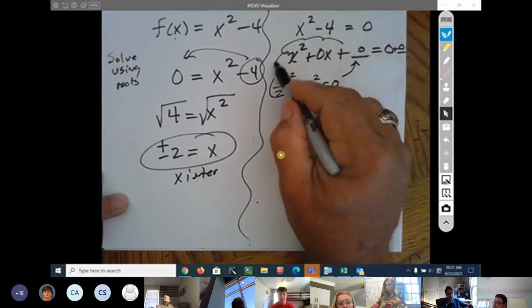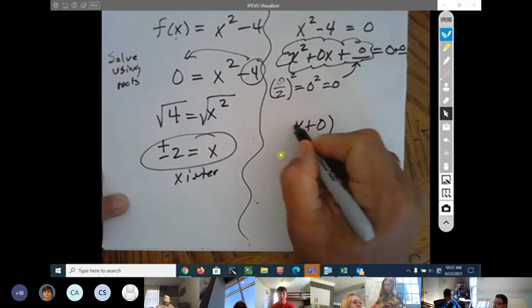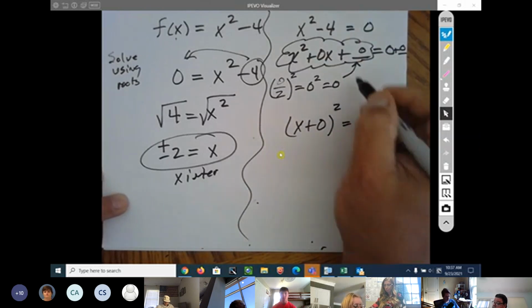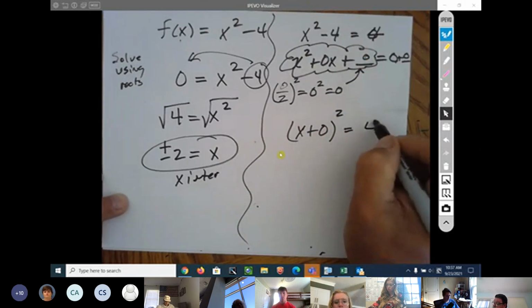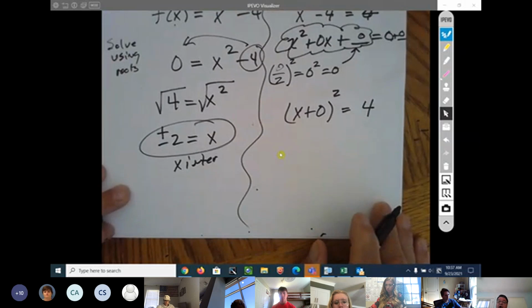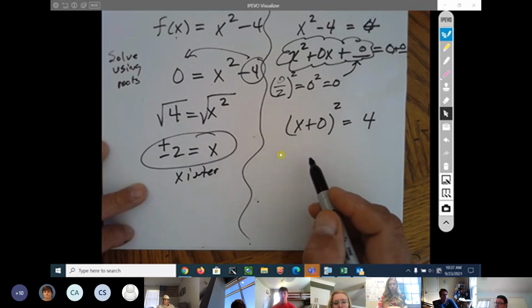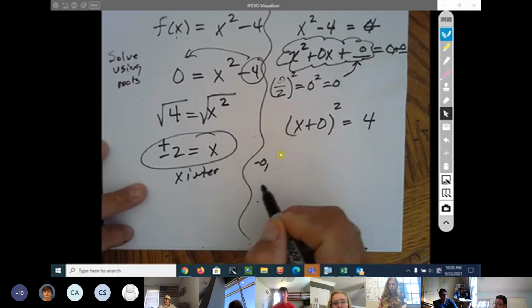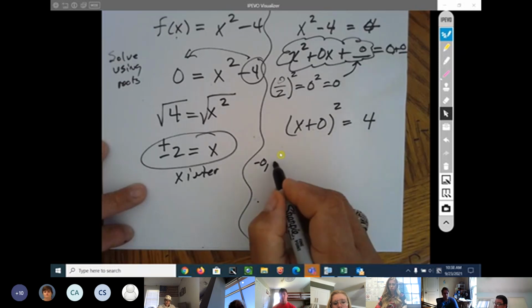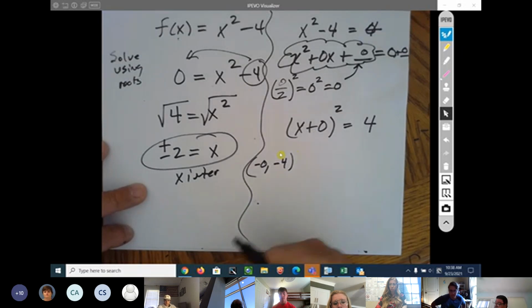This is shortcut number 2. x plus 0, quantity squared, is equal to 4. So what is our vertex? Negative 0, which is 0, and negative 4. That's our vertex. And now solve it.